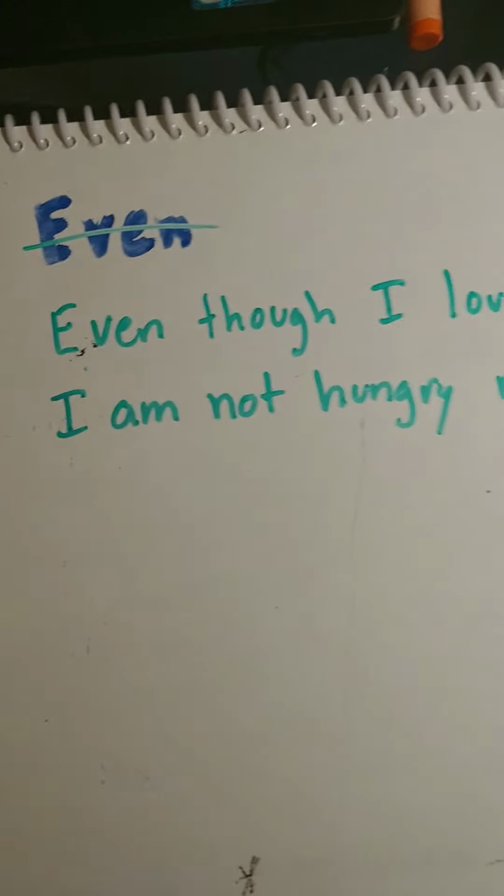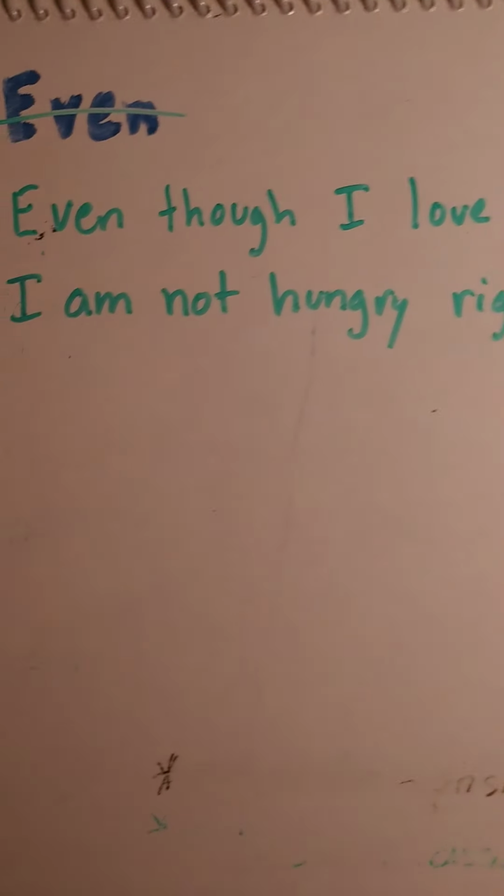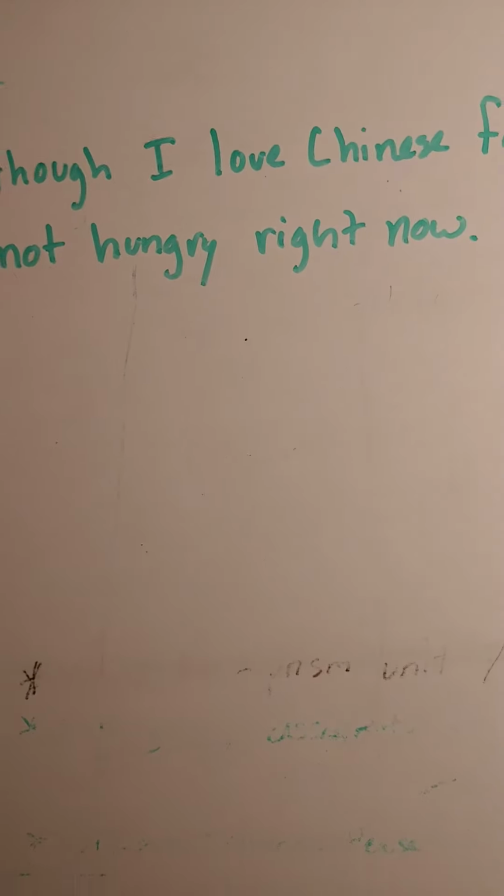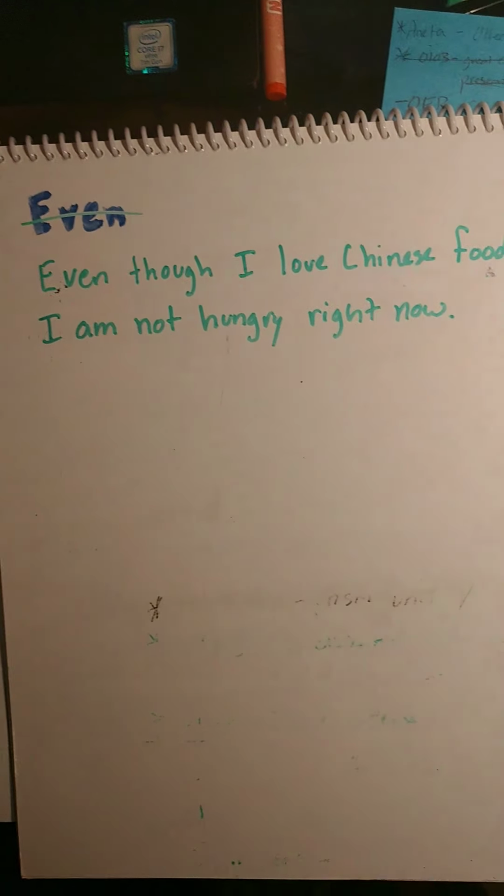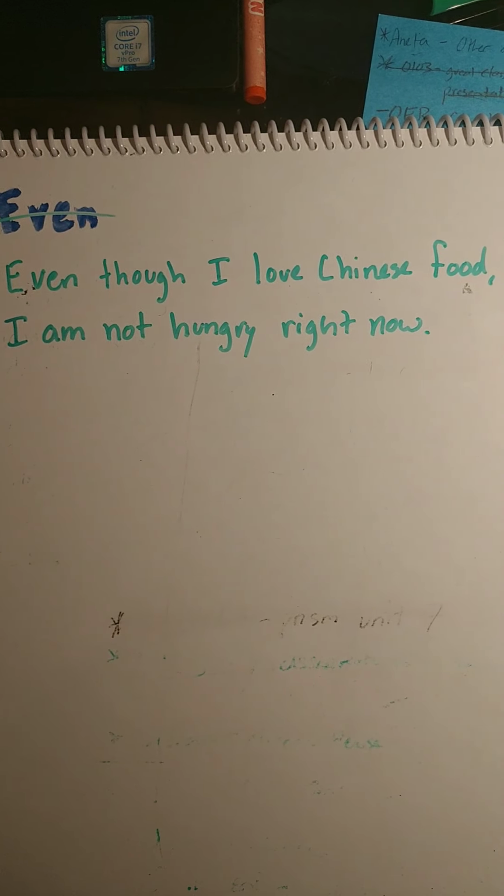Okay, so even though I love Chinese food, I am not hungry right now. Which part came first, the dependent or the independent? If you said dependent, you're right, even though.